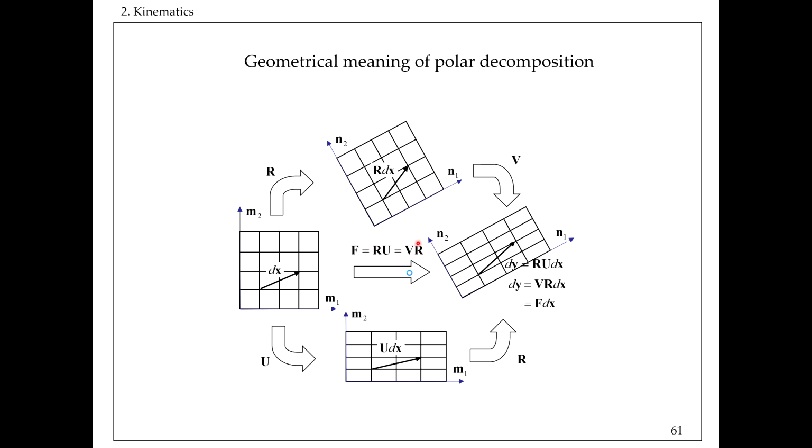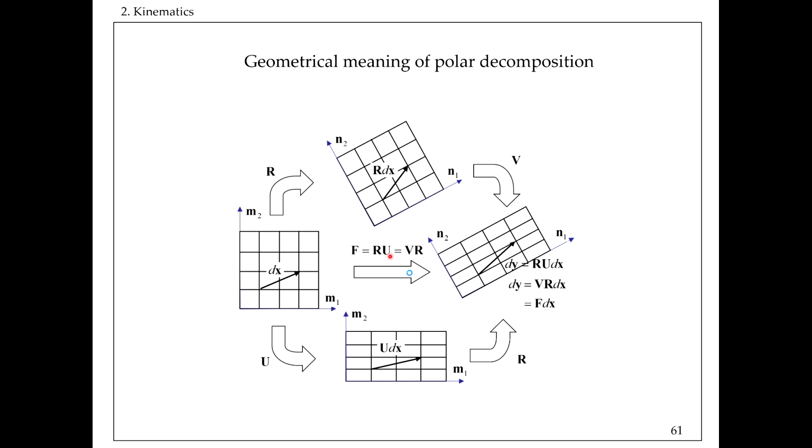We defined the right stretch tensor U, but it is also possible to define all these operations through the so-called left stretch tensor V, right? So we can define F through the right stretch tensor or through the left stretch tensor.